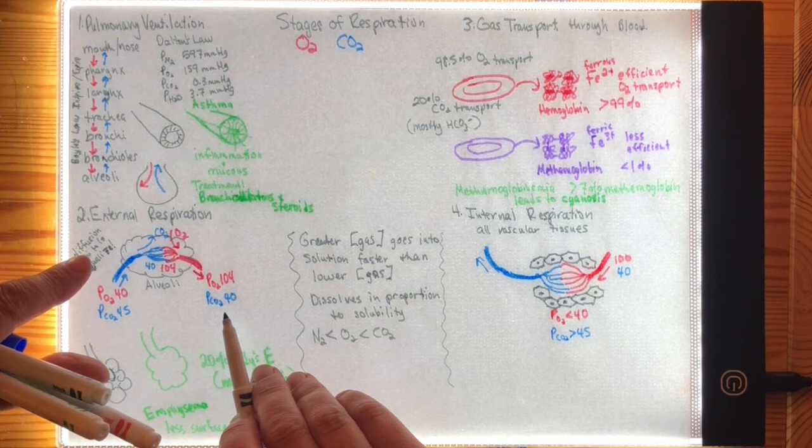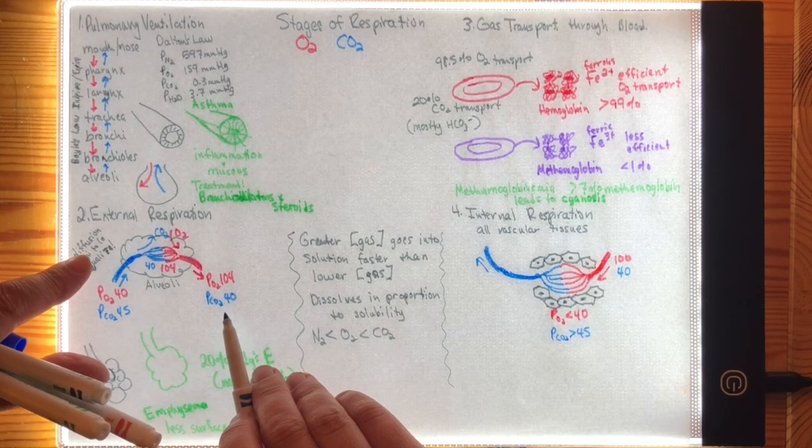And now let's compare this to the way that it looked when it was leaving the alveoli. Remember that what happened in the lungs as blood made its way through is that the partial pressure of oxygen was raised to 104 and the partial pressure of carbon dioxide was 40. Well, you'll notice there's a little bit of a difference there. It turns out that the lungs as a whole, not every single alveolus, is exchanging at the same time or at the same rate.